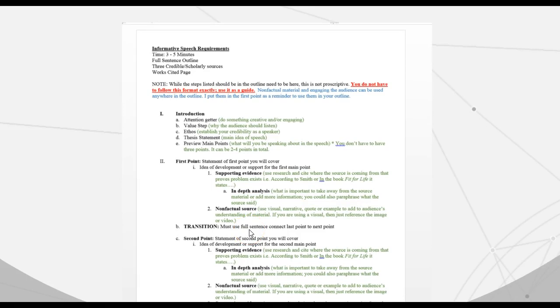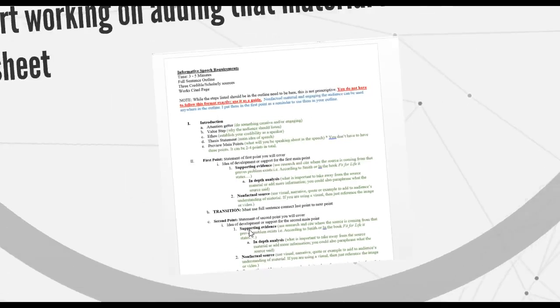You may want a more abbreviated version for the speech itself. That's perfectly fine, but this you do have to turn into me, because I need to know what you're going to be saying, what you're planning on doing, so I can grade you on that, because sometimes what you plan on doing doesn't always happen in your speech, and I want to give you credit for what you were actually deciding to do.